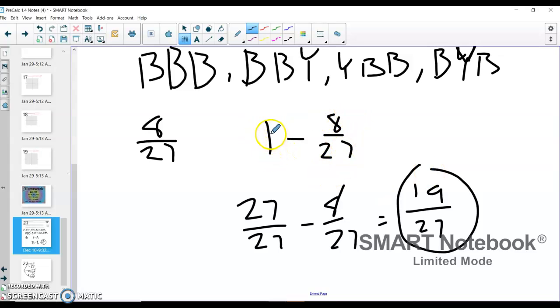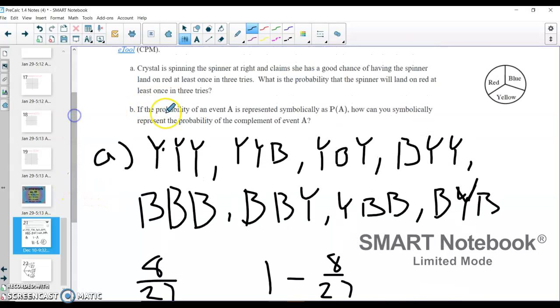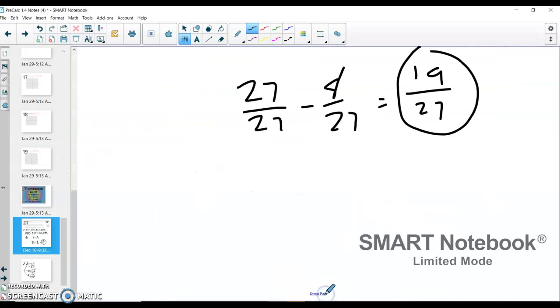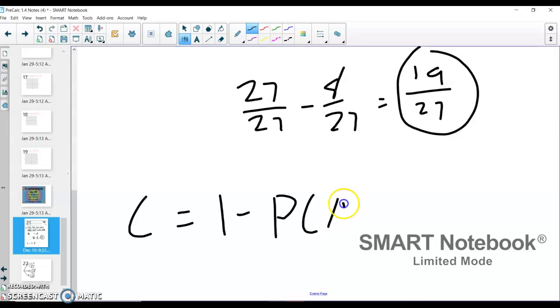What you can do is 1 minus the probability of it not happening to find the probability that it does happen. So in part B, they're saying if the probability of event A is represented by P(A), how can you symbolically represent the probability of the complement? Well, the complement of A, I can call it A complement, equals 1 minus P(A).